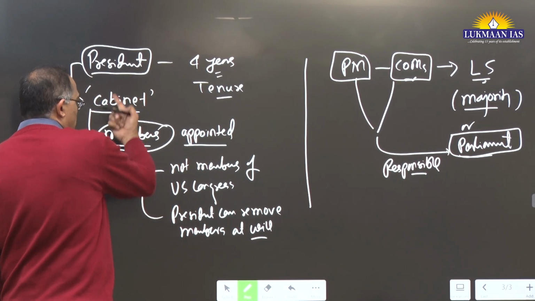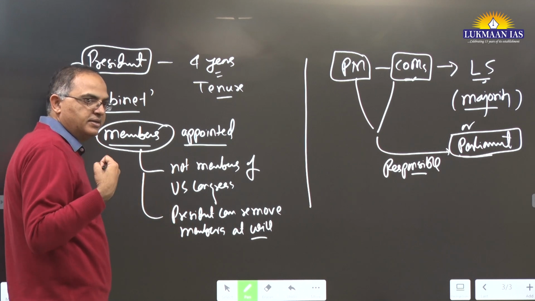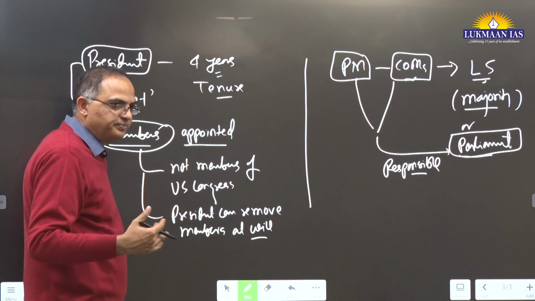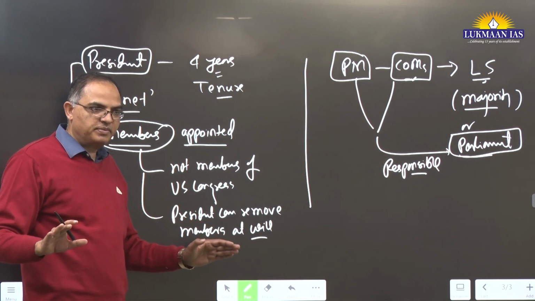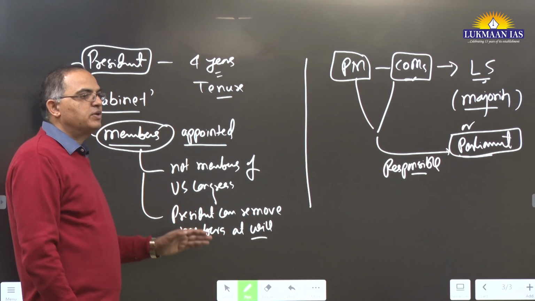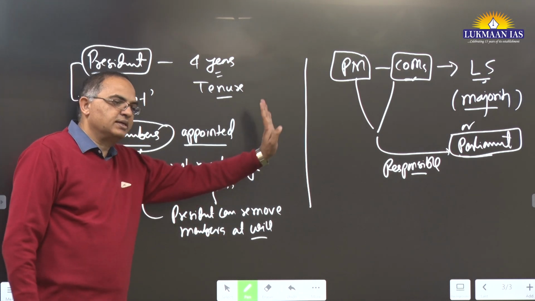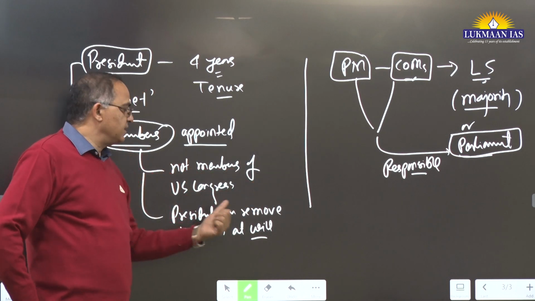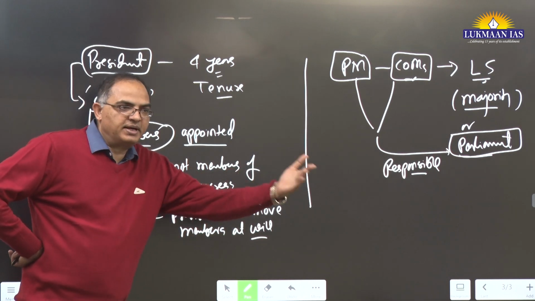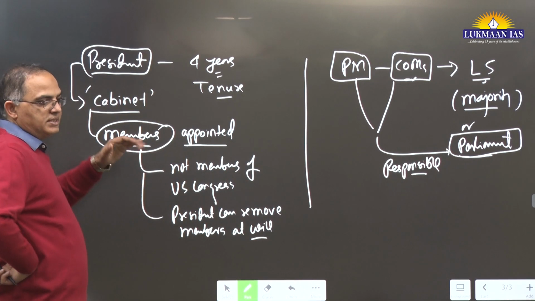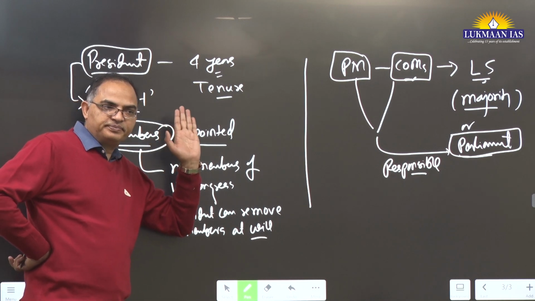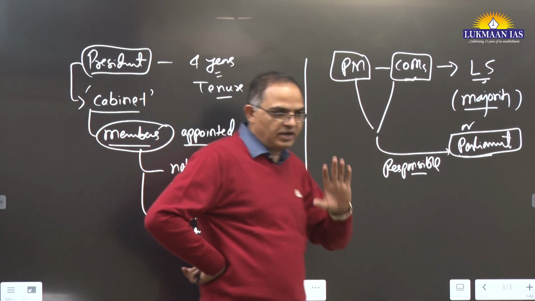Congress has no role in that cabinet. They are independent because of separation of power. There is complete separation of power. It is because of that the executive is independent and the legislature is independent. Their members' elections are held separately and the president's election is held separately. Are you able to understand?